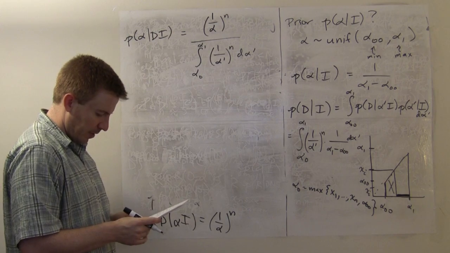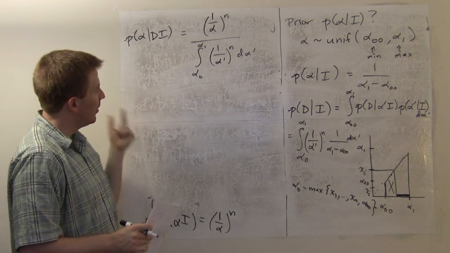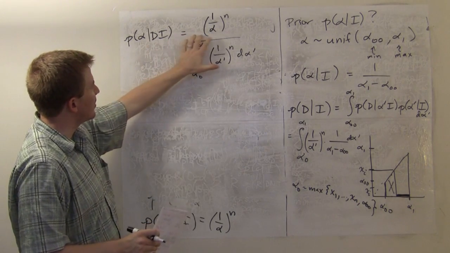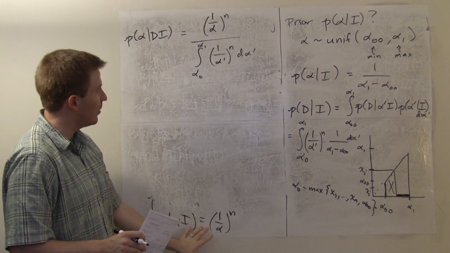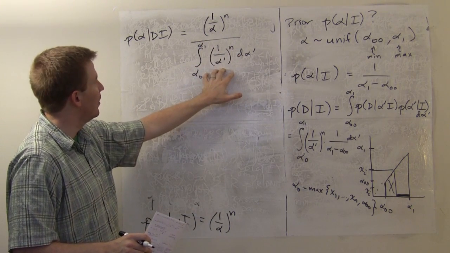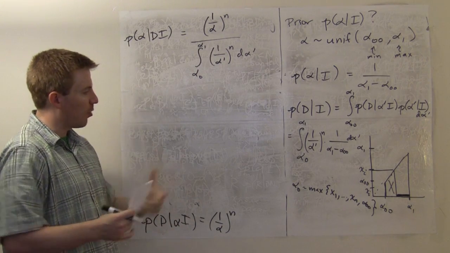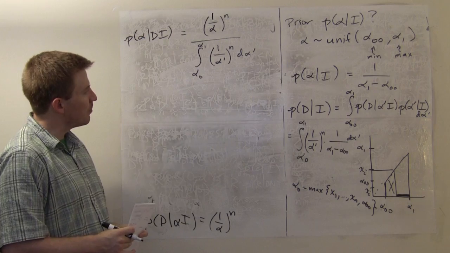I won't bother writing it out. The interesting thing about this distribution, again as before, is that it's basically proportional to our data likelihood distribution, where the constant of proportionality depends on the data but doesn't depend on alpha. So that's a common feature of these uniform prior problems.